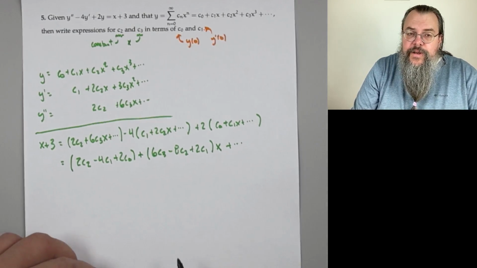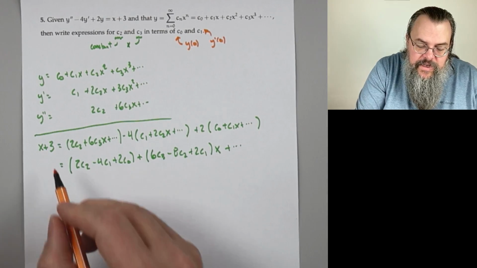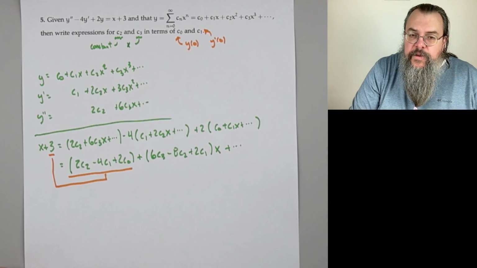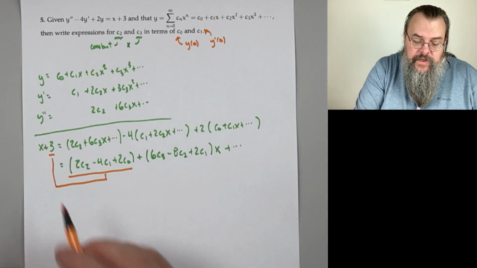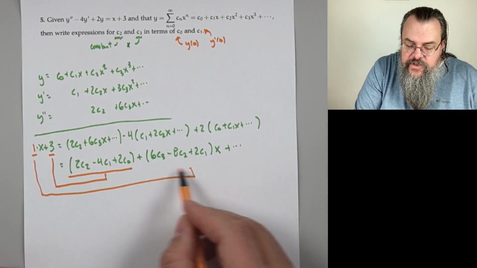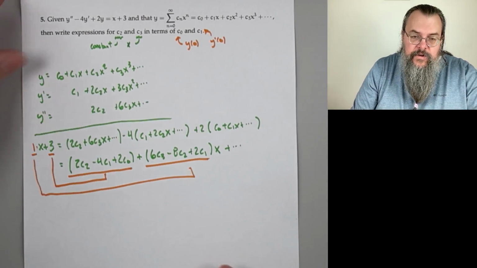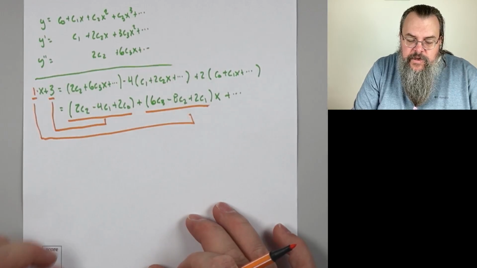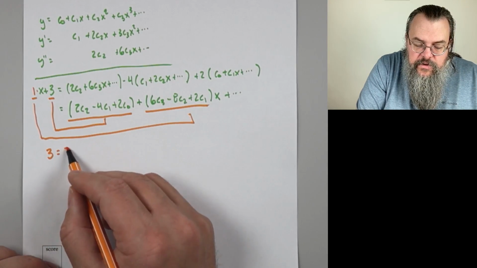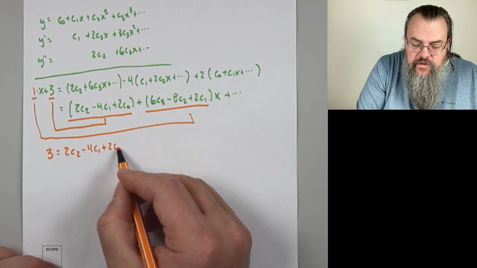So at this point we say, aha, matching. Well, what does that mean? Well, it means that the 3 has to match with the coefficient. That's a constant term. And secretly there's a 1 in front of the x, and that has to match what's in front of the x. All right, so let's start with the constant term. So we know that 3 is equal to 2c2 minus 4c1 plus 2c0.